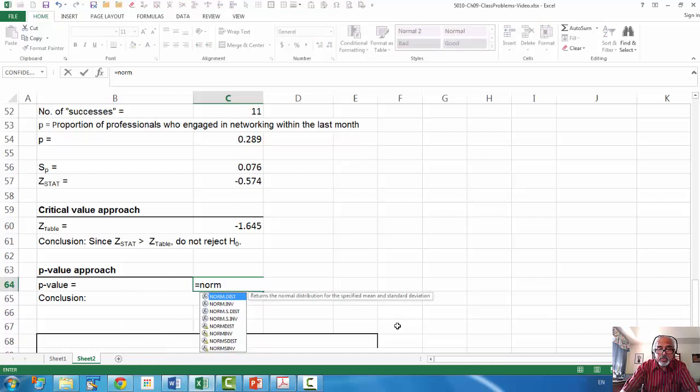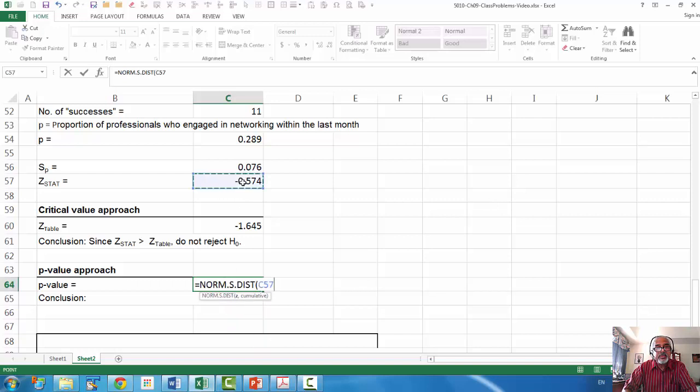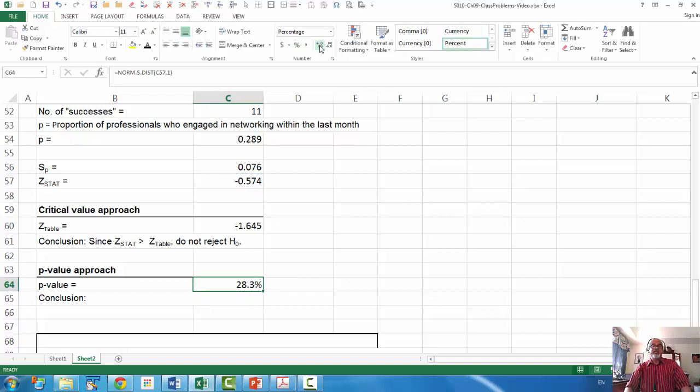This is NORM.S.DIST of the z stat. Since it's negative, it's on the left hand side, so tail area is your cumulative area. Put cumulative, and that will give us the p value, and that is 28.3%.